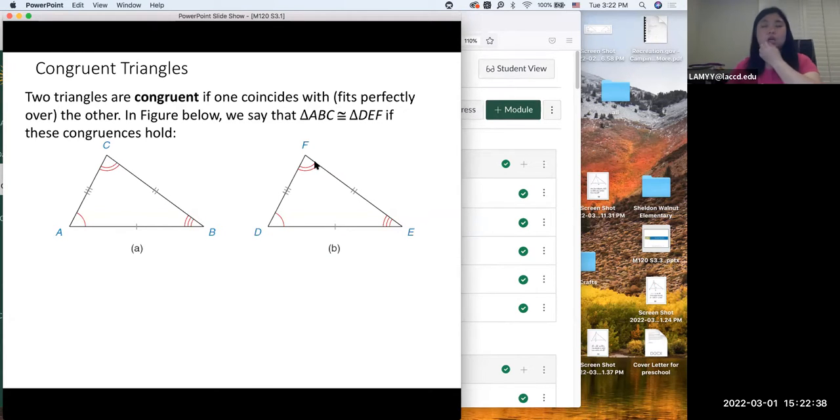First one, congruent triangles. Two triangles are congruent if one fits perfectly on the other.